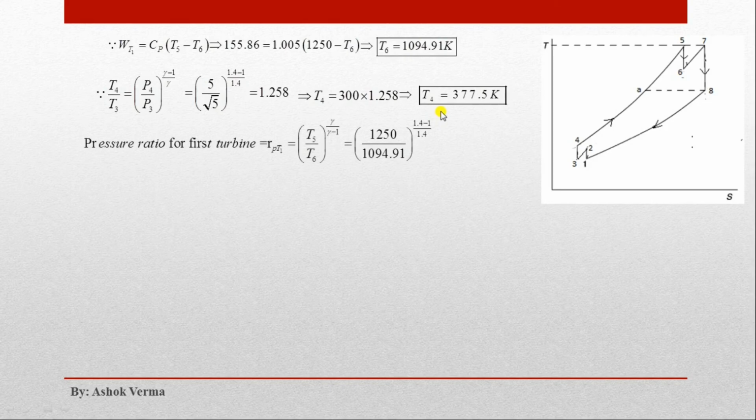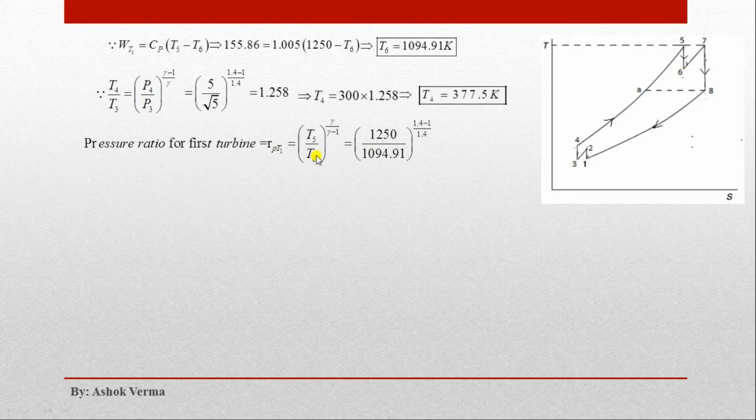Now you have to find the pressure ratio for turbine 1. You know T5 and you know T6. So assuming this is isentropic, T5 by T6 is equal to Rp to the power gamma minus 1 by gamma.